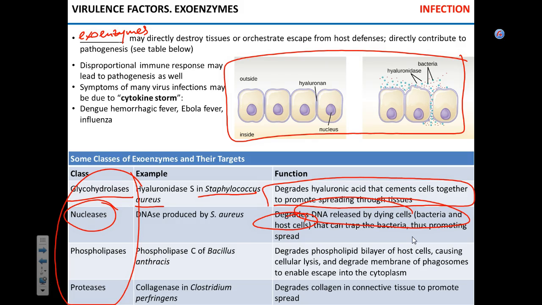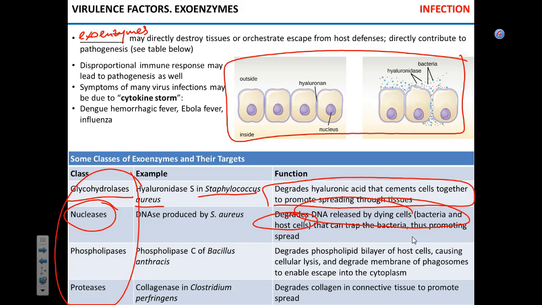How many took AP2? Good job. We probably talked about, or you may have heard of, white blood cells called neutrophils. They have the main responsibility to fight off bacteria. One of the mechanisms that they have to fight off bacteria is to release their own DNA when they die and trap bacteria, so bacteria doesn't go anywhere.